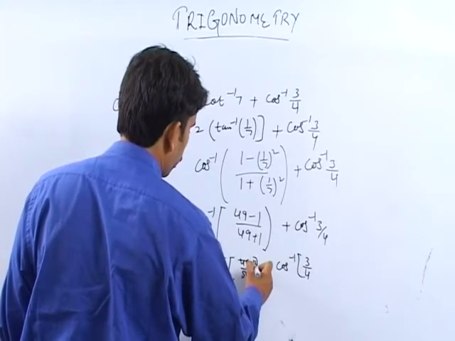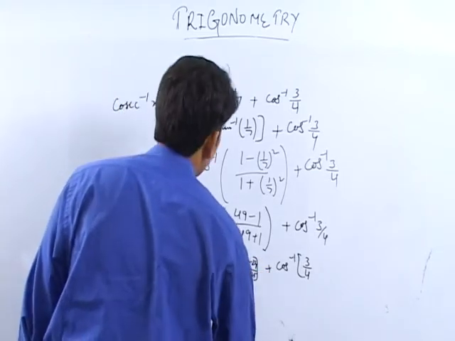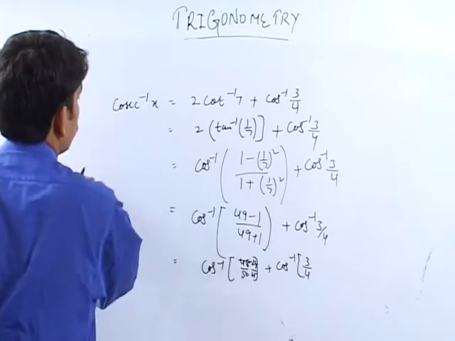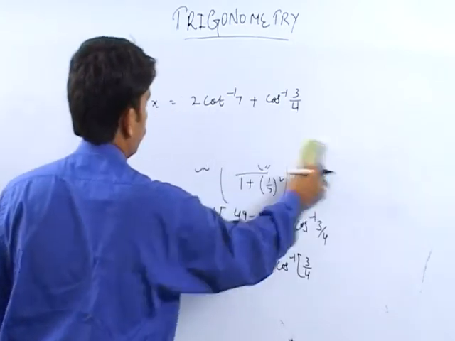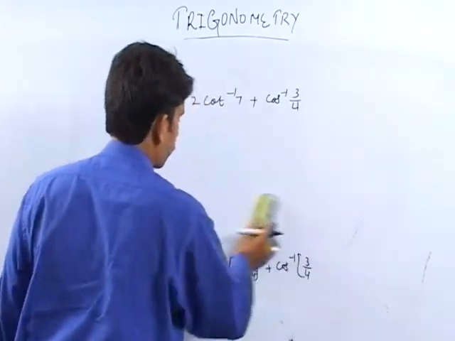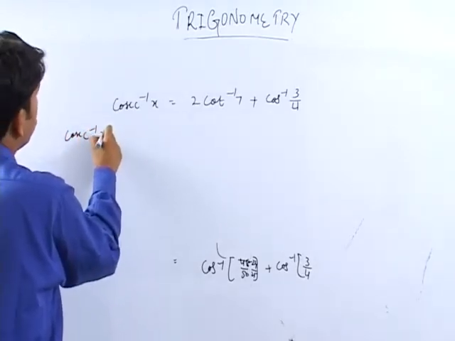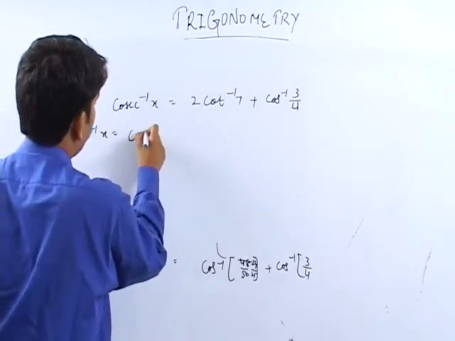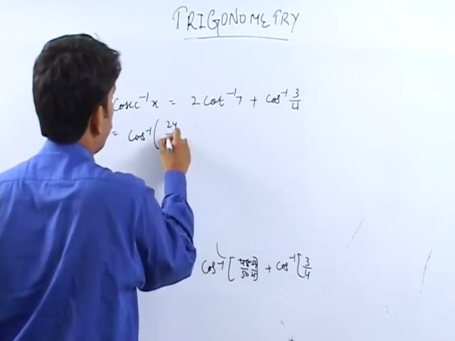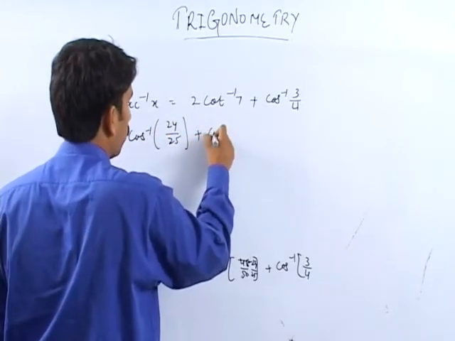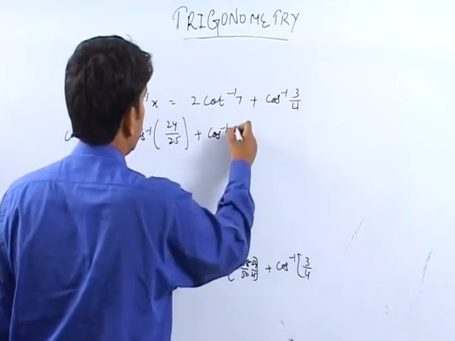This is 24 over 25. So you will get cosecant inverse x is equal to cos inverse 24 over 25 plus cos inverse 3 by 4.